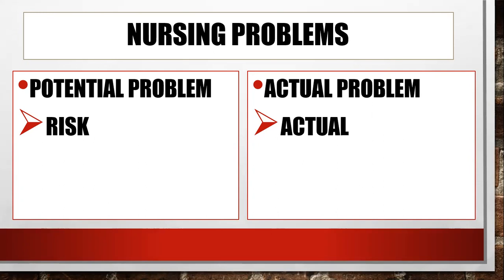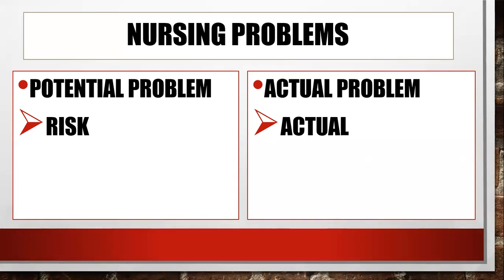An actual problem is something that we're able to see, and therefore it's something that needs immediate intervention. Potential problems are therefore preventable or prevented from occurring. Actual problems are dealt with because the problem has already materialized. So this is, again, very important to take note of.